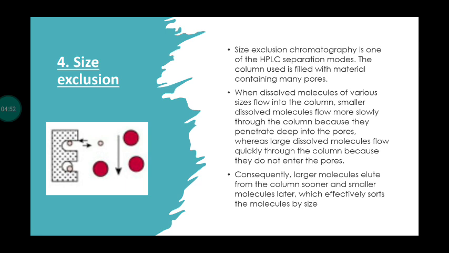In contrast, the larger molecules do not pass through the pores, move quickly through the beads, and are eluted. Thus, molecules are separated on the basis of their size by leaving the column in order of decreasing molecular weight.